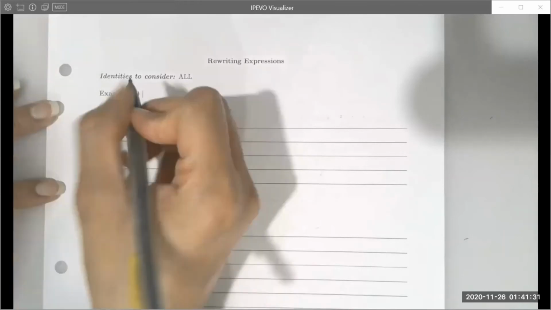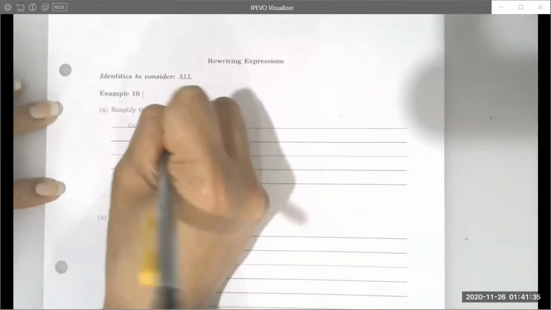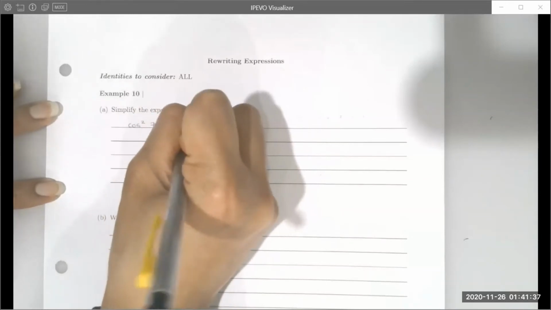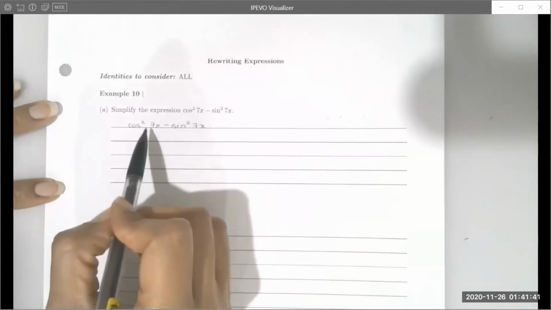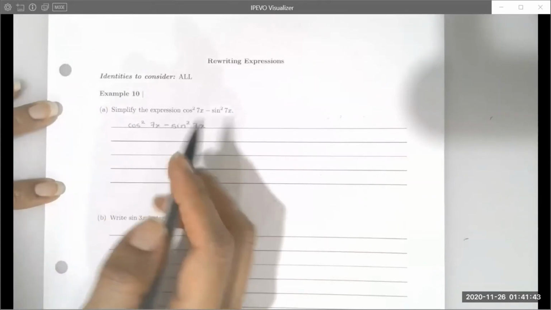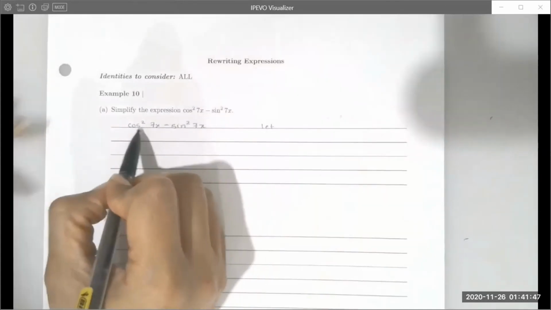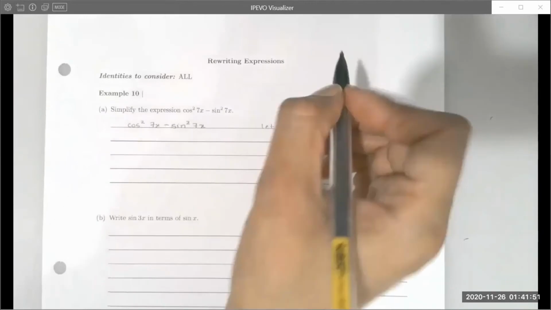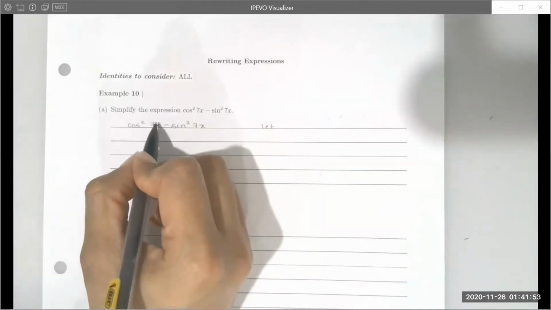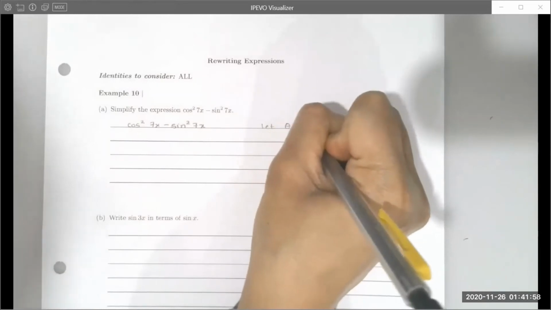Okay, so what we'll do then is we'll simply try to apply some formulas and identities until the expression looks simpler than what's currently given. So again, we're going to use that same tip as before because there are squares and a subtraction going on. I'm going to forget about the fact that the argument has a 7 times x by replacing it with theta.